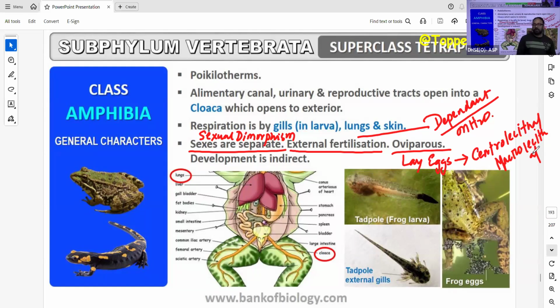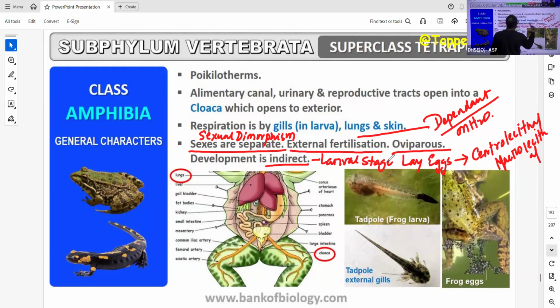The ratio of the yolk with respect to the size of the egg is high. Therefore, we refer to it as macro or megalecithal. Then development in them is indirect. Why? Because larval stages are seen.